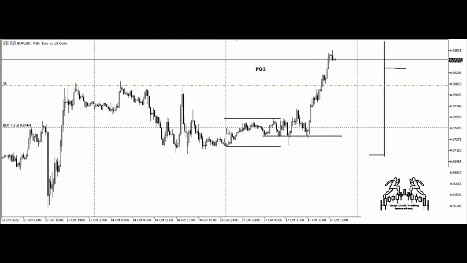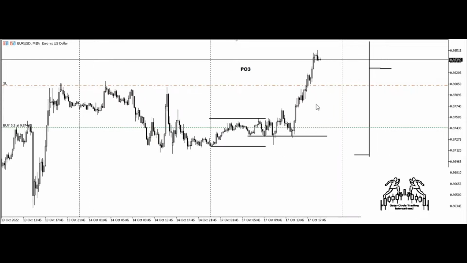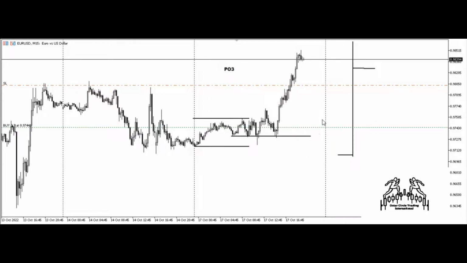As you can see, we're still not far from the opening, and we're still within the Asian range. So yeah, this is part 3, and this is just how I apply this concept. From here, I can close the trade and take profit, because I've already made my target.